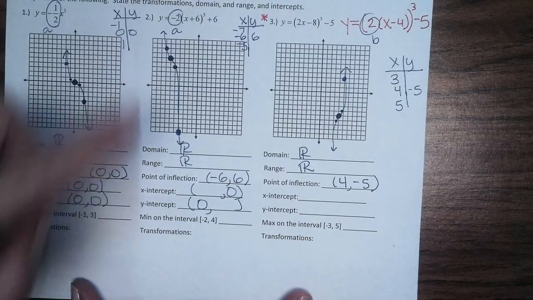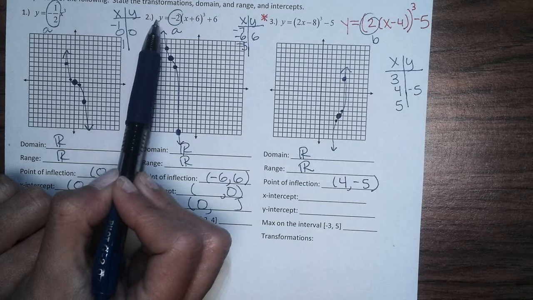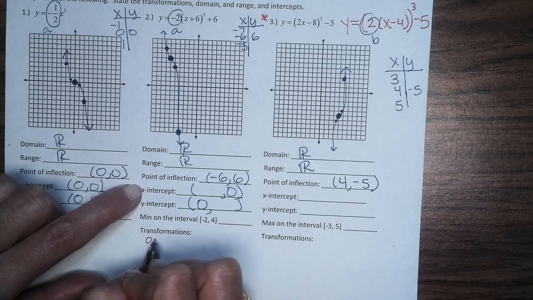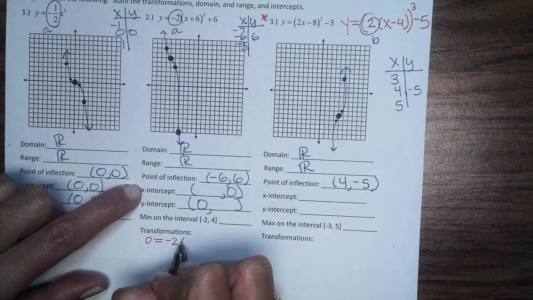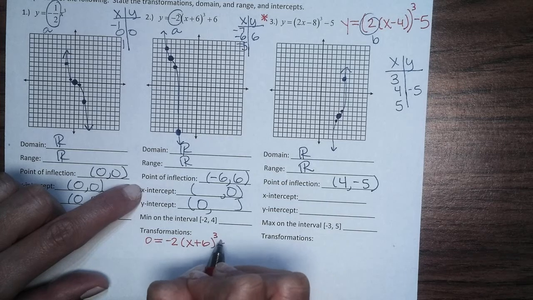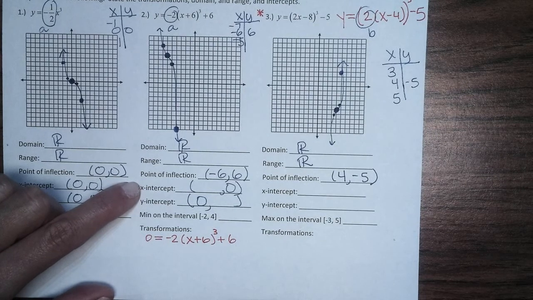I guess let's do number 2. Let's do the x-intercept. Let's plug in 0 for this y equals. So let's put 0 equals -2 parentheses x plus 6 cubed plus 6. Okay, I need you to solve for x now. And we did these last semester with square root and quadratic, so it's very similar.